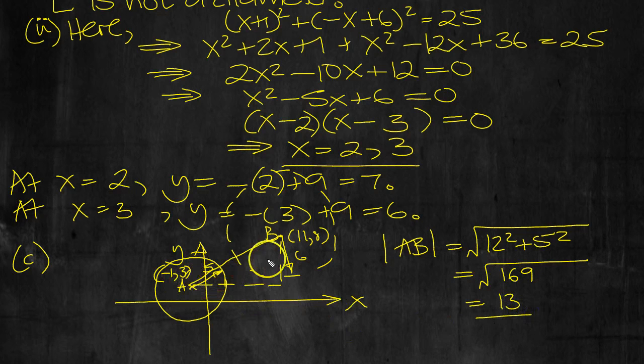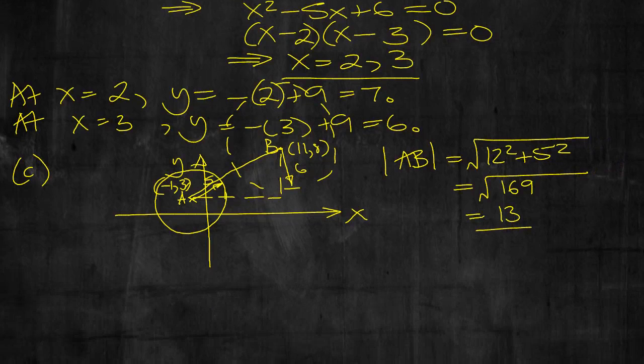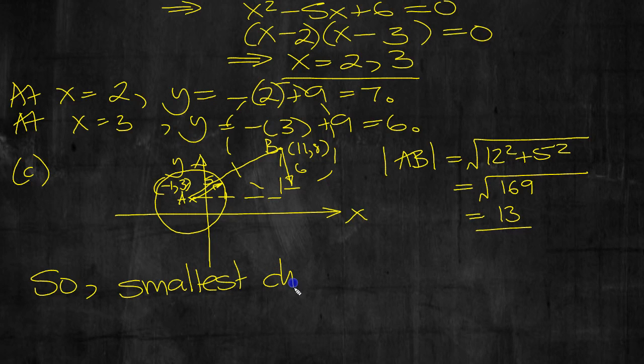The radius here is 5, this radius is 6, the total distance is 13, so the smallest distance is equal to 13 minus the two radii, 11, which equals 2 units.